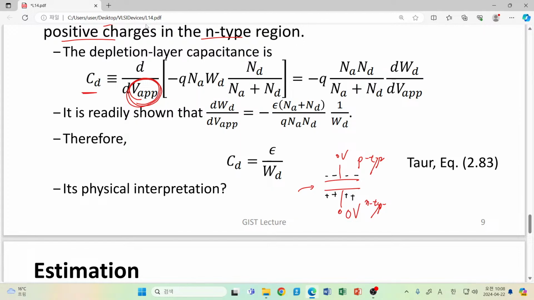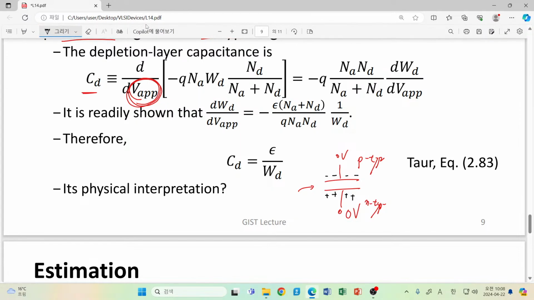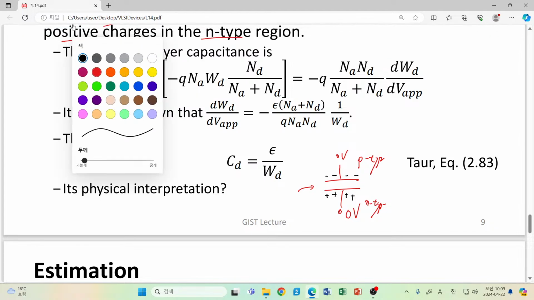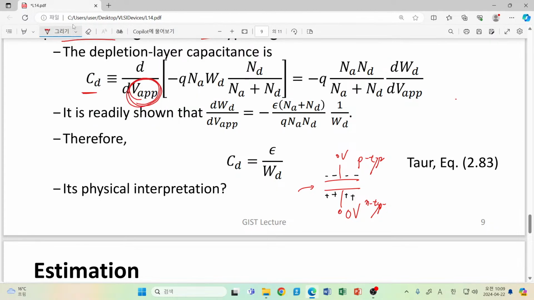Then is it related to capacitance? Actually not. Capacitance is once again a concept originating from difference. Now please have a look at it. Now we want to consider this case.